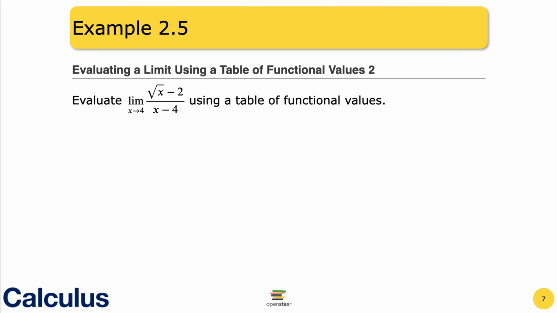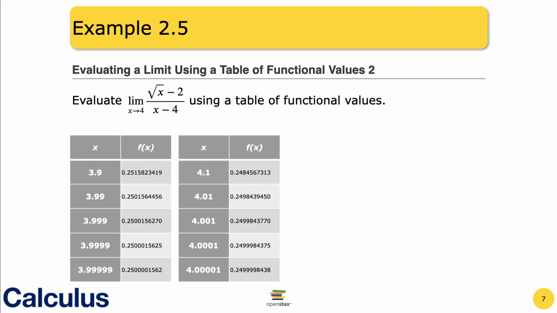Example 2.5, evaluating a limit using a table of functional values 2. Evaluate the limit as x approaches 4 of the square root of x minus 2 all over x minus 4 using a table of functional values. Here I have displayed the entire table. Notice on the left, as the x values get close to 4 but not equal to 4, the functional values approach 0.25.